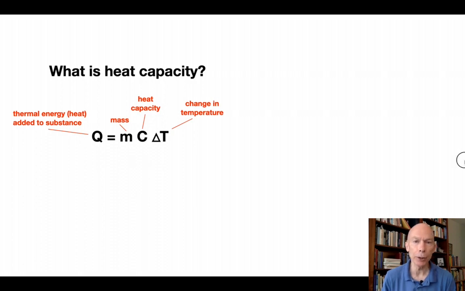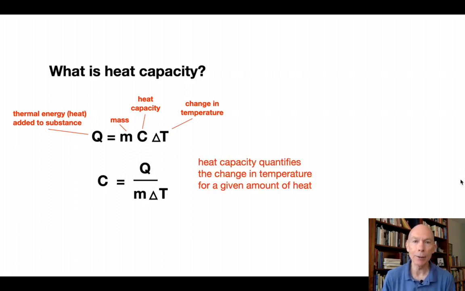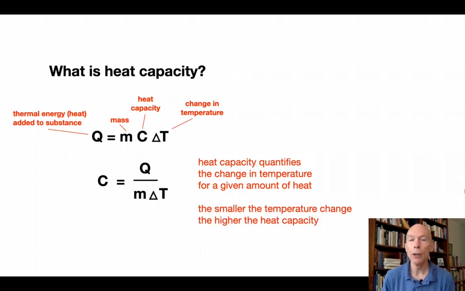If we rearrange it, the heat capacity is the thermal energy added to a system divided by the mass and the temperature change. As you can see from the equation here, heat capacity quantifies the change in temperature for a given amount of heat and a given amount of mass. The smaller the change in this number here, the delta T, the higher the heat capacity.